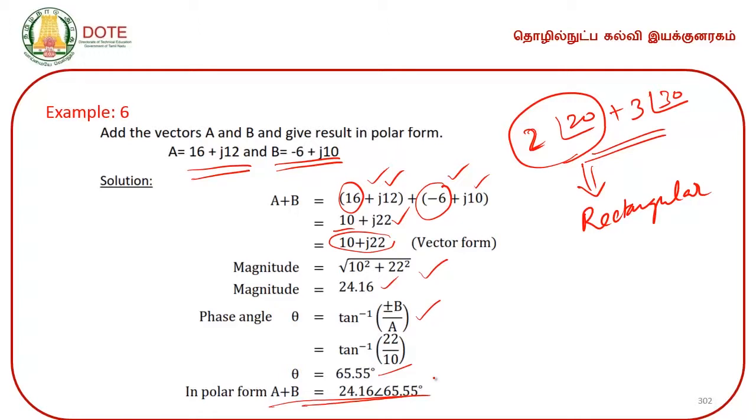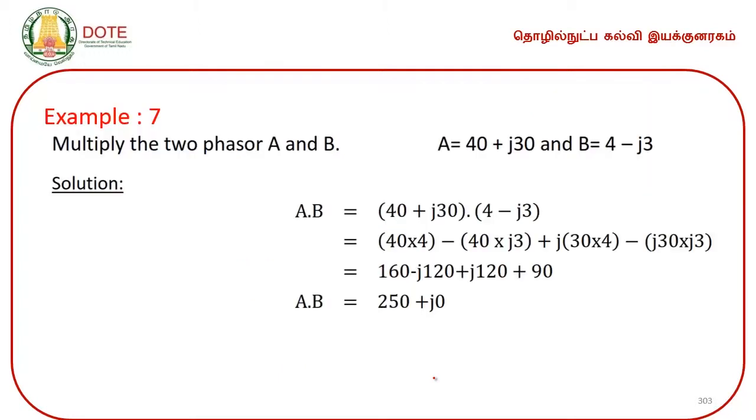In the previous problem we have done an arithmetic operation like addition on two rectangular forms. Now, we are going to multiply two rectangular forms A and B. Is it possible to multiply two rectangular quantities? Yes, it is very much possible.